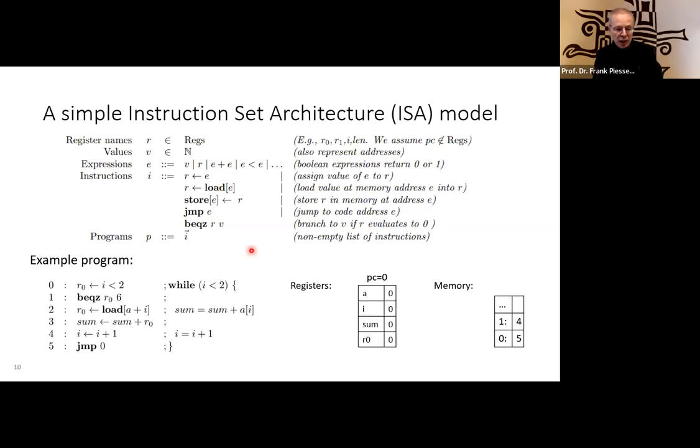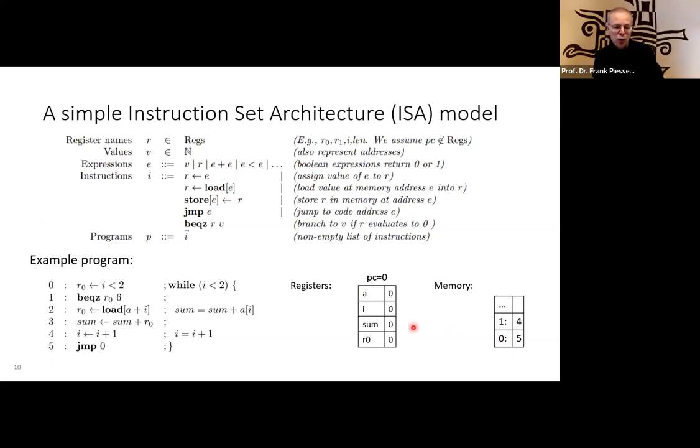So here is an example where we start this machine in a state where the program counter and registers are all 0. We have these 4 registers, for instance, and we start it with memory containing these 2 values at the addresses 0 and 1. Then what this program would do is compute the sum of the first 2 elements of array A, which points here.